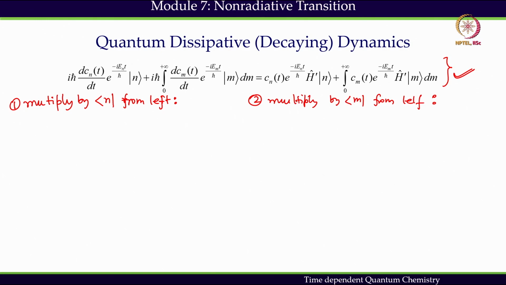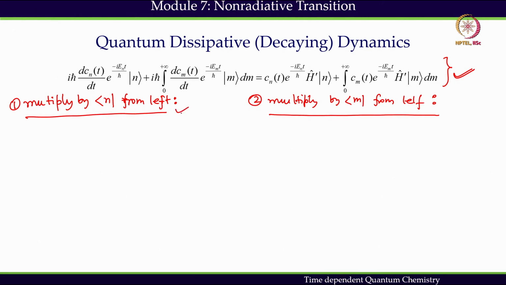So if I multiply by n from the left, and if I multiply by m from the left, then one can easily deduce the following, using the assumptions we have made. The assumption is the orthonormalization condition which we can use, and also we assume that the states are not getting coupled with themselves. Then we are able to reduce it the following way.